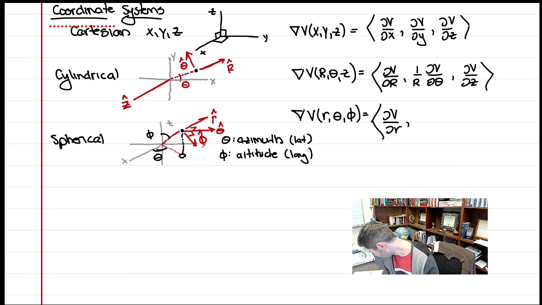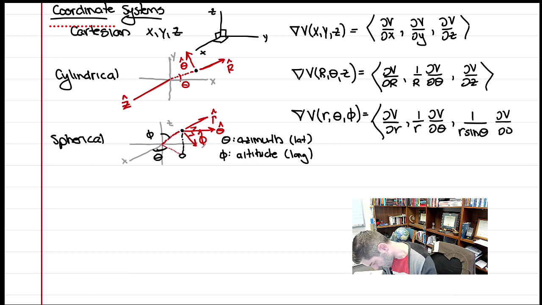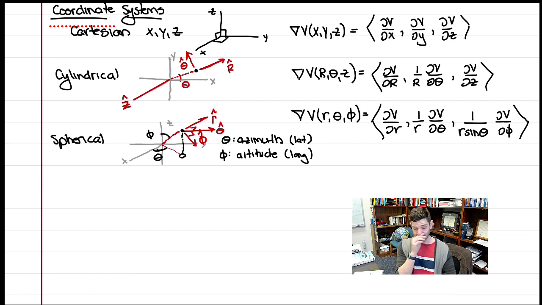And so, without proof, admittedly, you can derive this to be 1 over r, then dV/dtheta, and then the other one becomes 1 over r sine theta, dV/dphi. Again, we probably won't do very much with this, but you should be aware of it. You'll definitely see this in future courses.